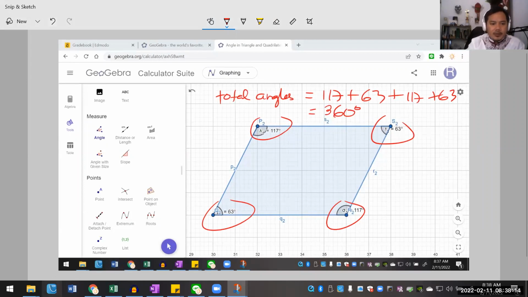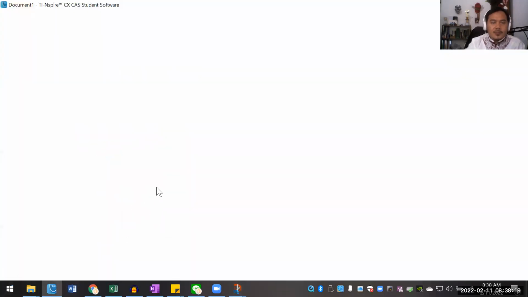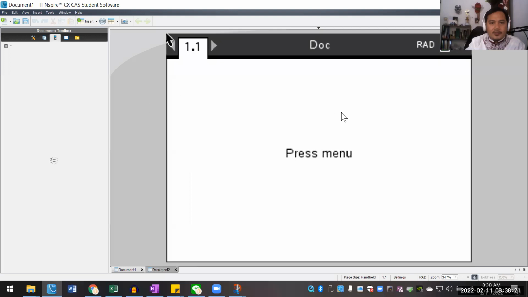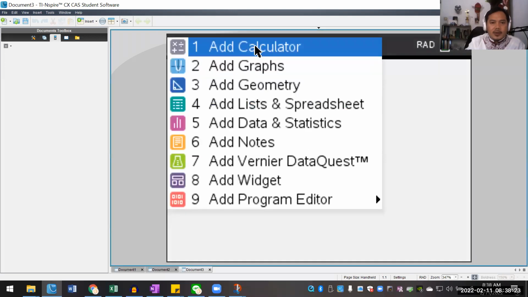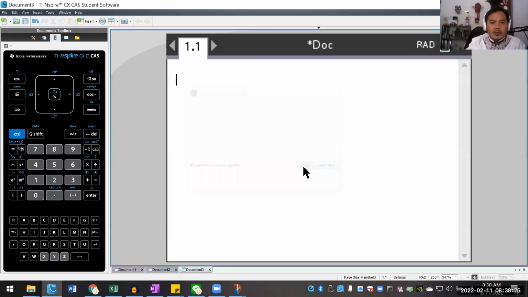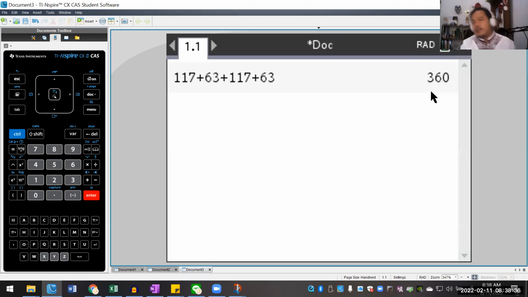It's not opening. Oh, jangan error nih. Oh, ini dia. Okay, and here we go. We have 117 added with 63, then added with another 117, and then added with 63, and that results in 360. This is what my calculator said.